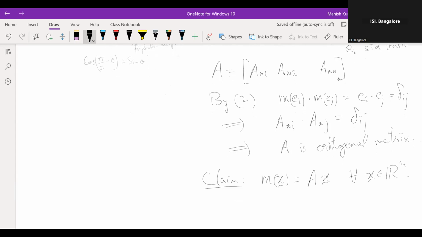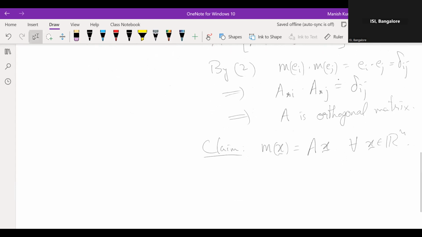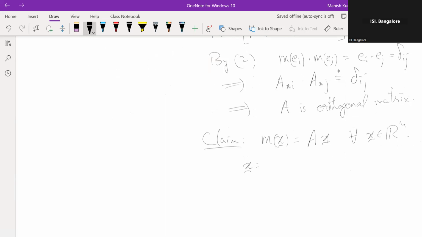This is now straightforward. A typical vector x in Rn, which is x1 up to xn, we can write as x1 e1 plus up to xn en.